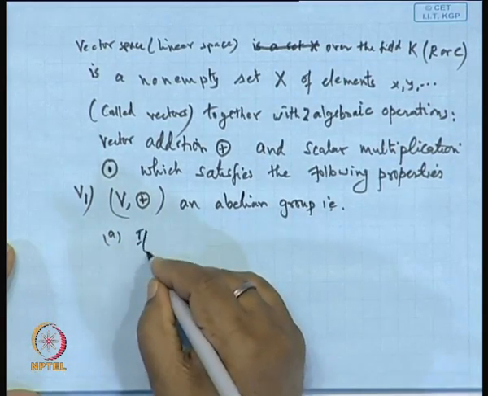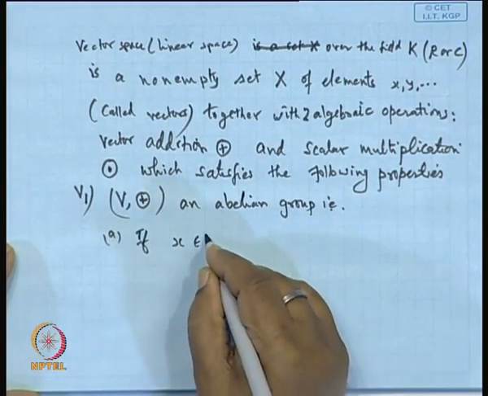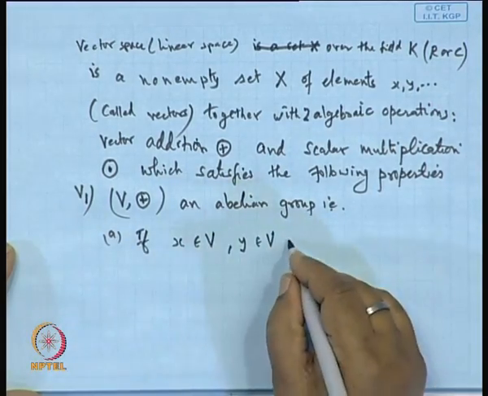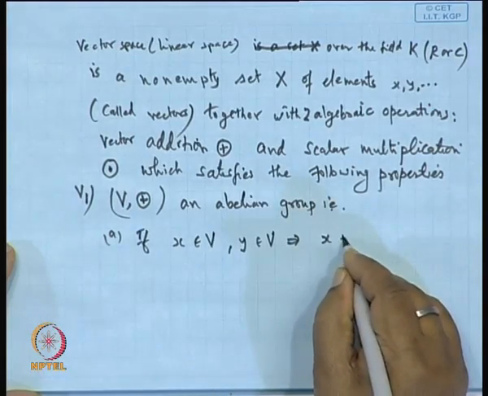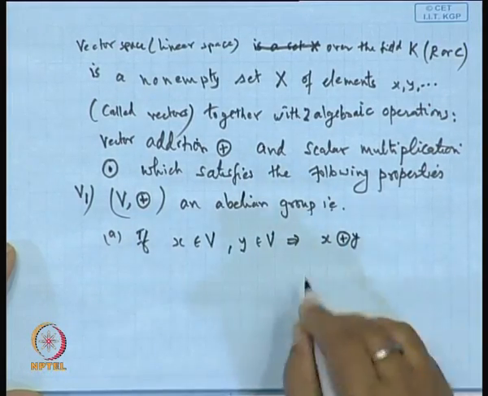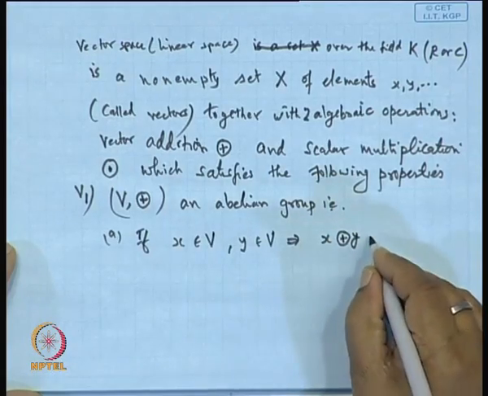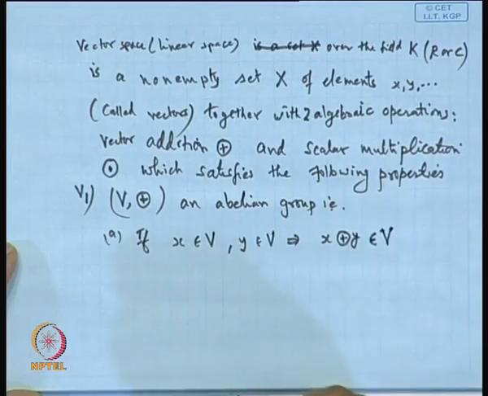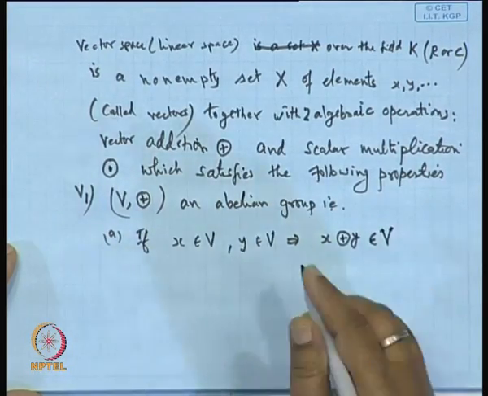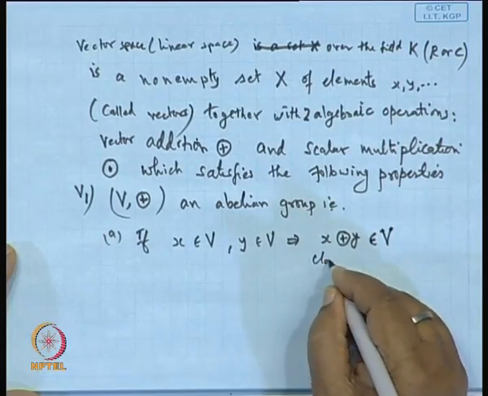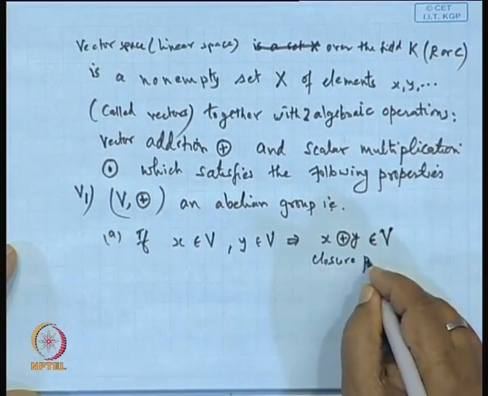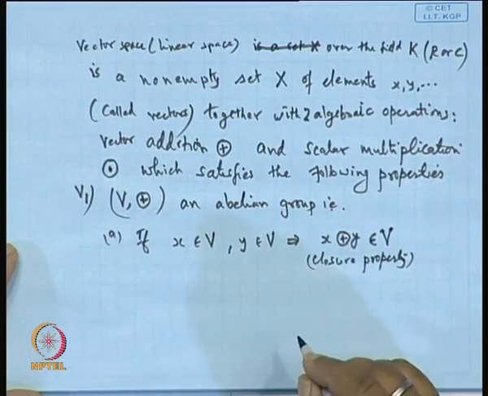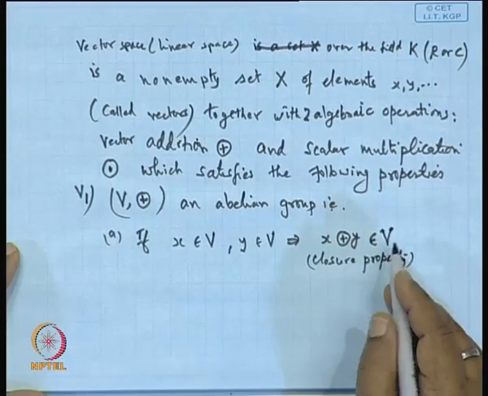If x is an element belonging to V, y is an element belonging to V, then if we combine these two elements by the operation addition, then the new vector so obtained must be a point of V. We call it the closure property, or we say V is closed with respect to addition.